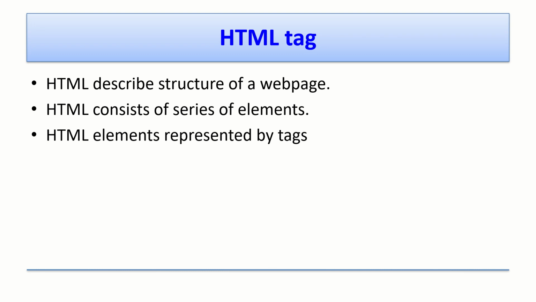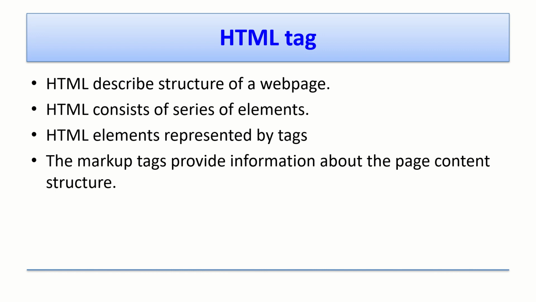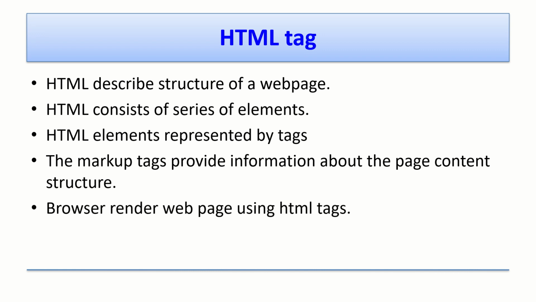All elements are represented by tags. The markup tags provide information about the web page content, that is, the content structure. Then the web browser renders the web page using HTML tags. Depending on the tag, the browser renders its content.